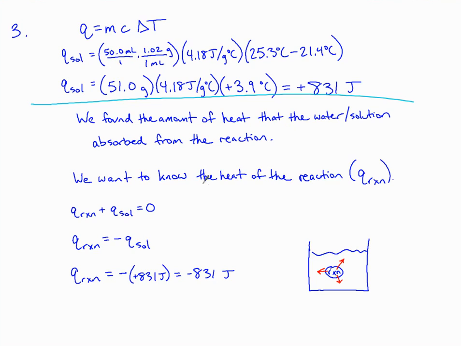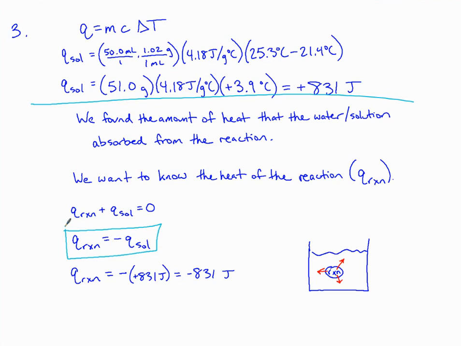We want to know the heat of the reaction, which is Q of the reaction. And so here's how it works. This is really a conservation of energy type idea. The heat of the reaction plus the heat of the solution is constant, so it's zero. But here's really where it applies to us.